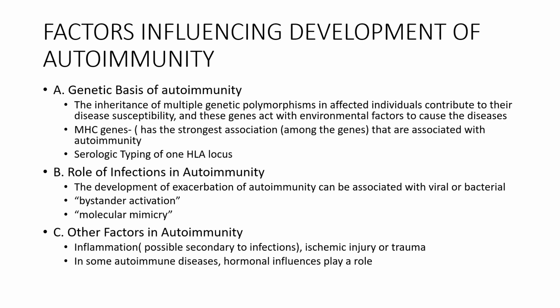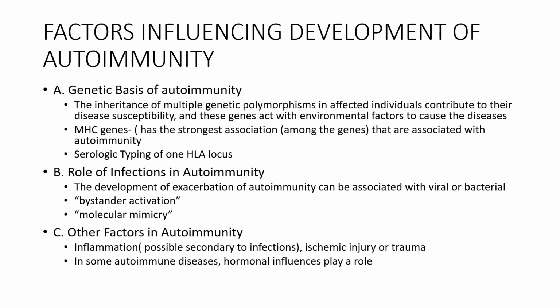There is a close fit between an antigenic peptide and the groove of an individual MHC molecule. So, inheritance of a gene coding for a specific MHC molecule may make an individual more susceptible to a particular autoimmune disease. We also have serologic typing of one HLA locus.